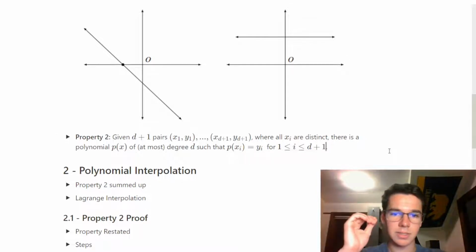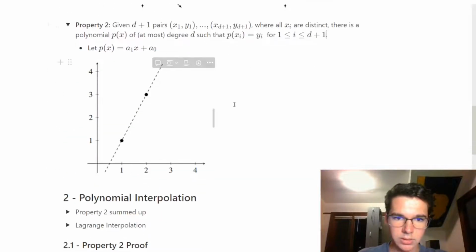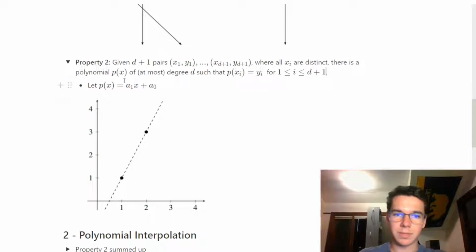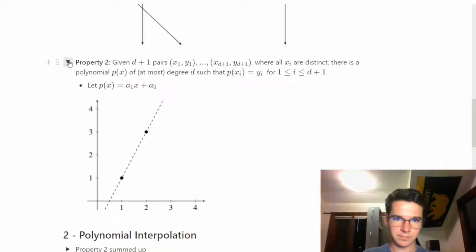And that's going to be a unique polynomial, we'll see. So for example, we have a polynomial of degree 1, but we need degree plus 1 pairs to create this polynomial, so we need 2 pairs. Here we have (1, 1) and (2, 3), and those pairs allow us to create this polynomial.